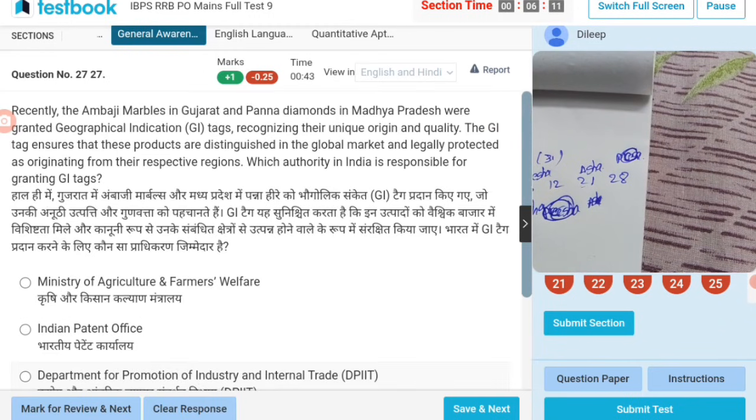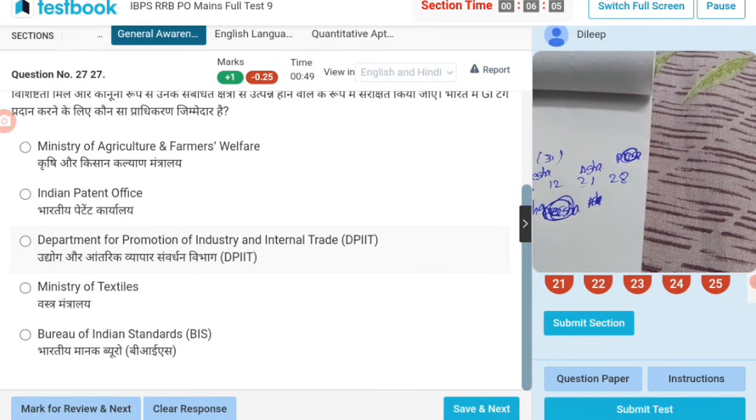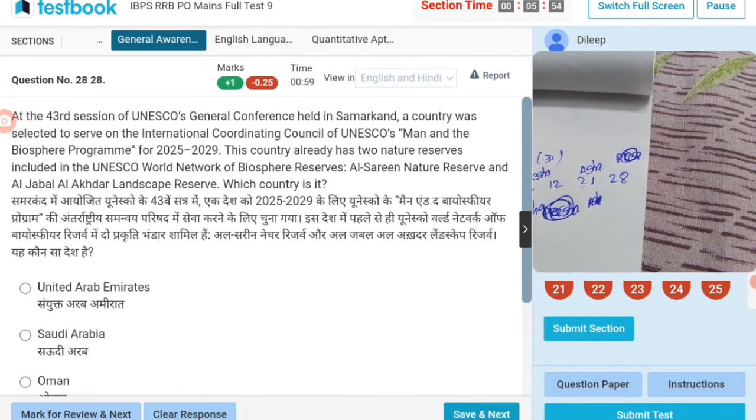Which authority in India is responsible for granting GI tags? I think Department of Promotion. Next.